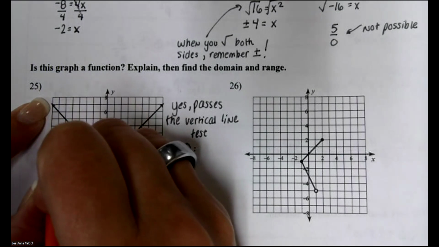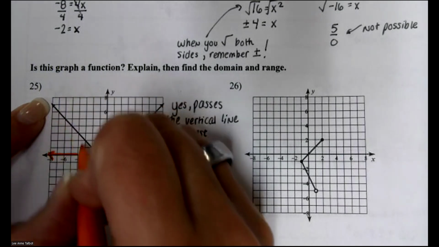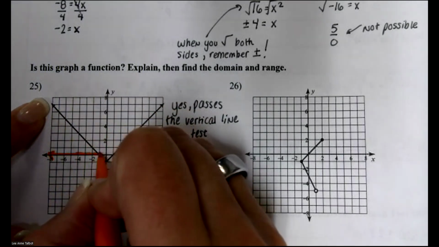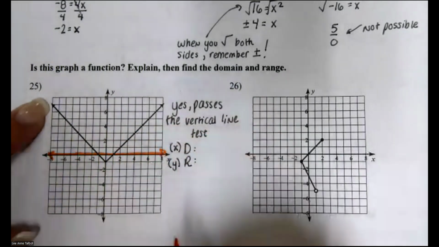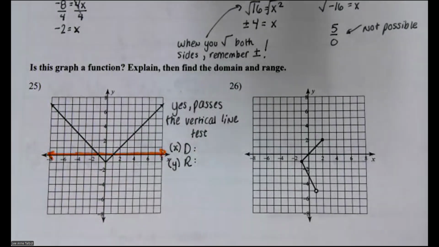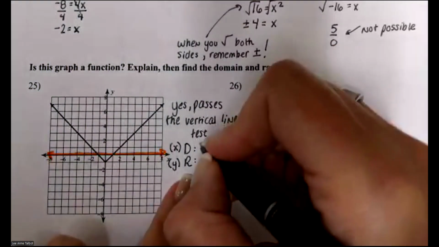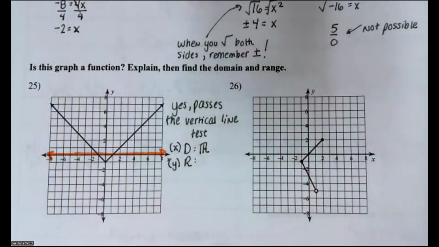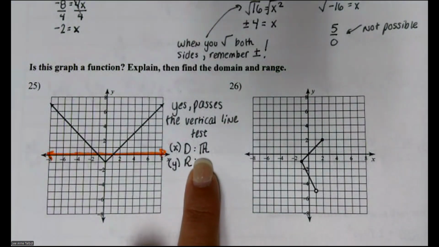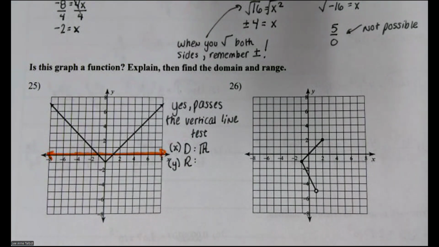So it's going to go forever left. And the V comes this way, and the V comes this way, and the V comes this way. And then it goes forever to the right. And we call that all real numbers. And this is an R, it's a cursive R with two stems. It's not an IR. IR means irrational. That's not the same thing.